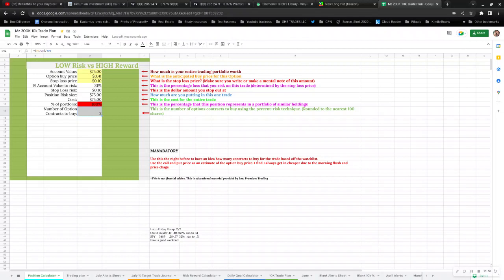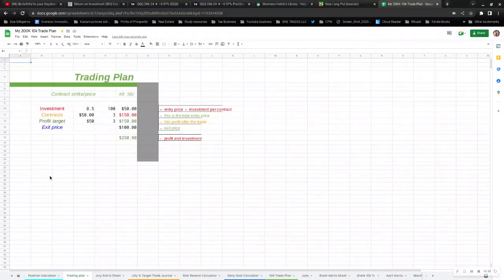And so now I go to my trade plan. My investment is $41. And $41 times 100, or 41 cents times 100, so it automatically calculates that part for you. So the contracts, 41 cents, and I'm going to buy 2.